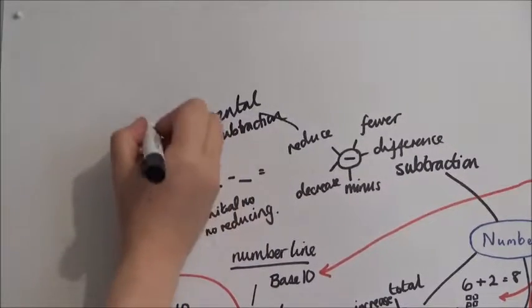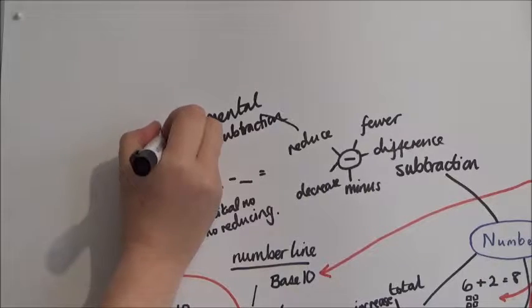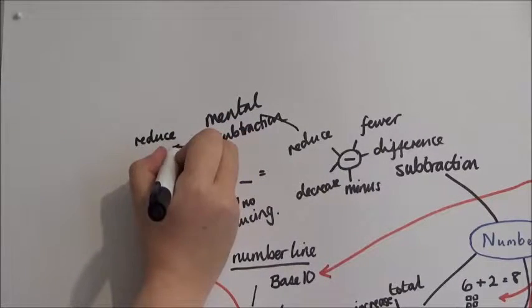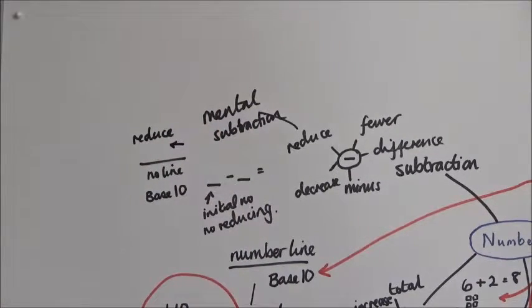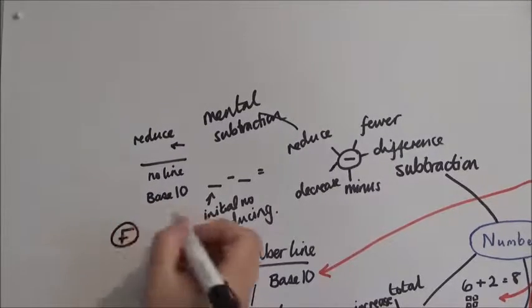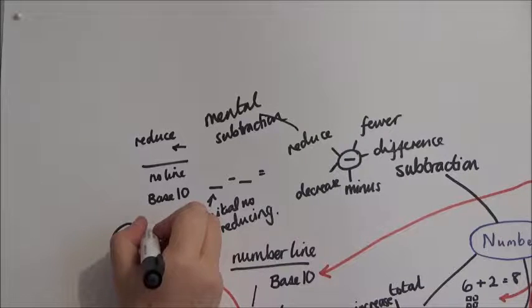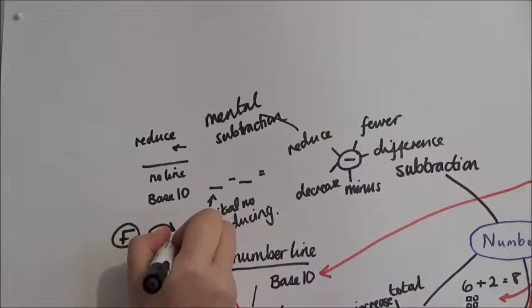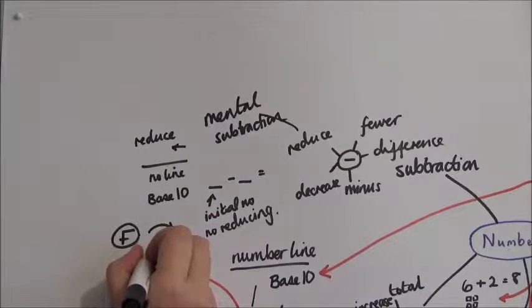And we knew that we needed to reduce the initial number, and that way we were going down the number line. We were also using our fluency understanding, and so we were rounding up to the nearest 10 and then adjusting.